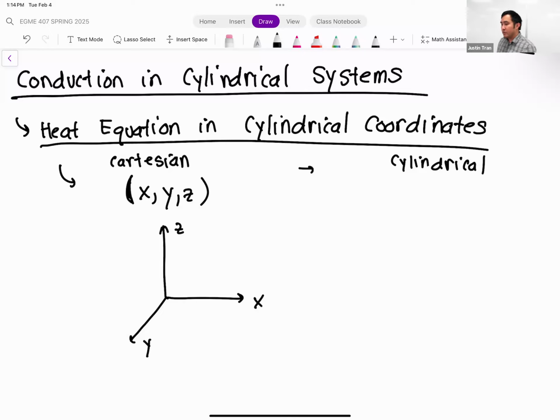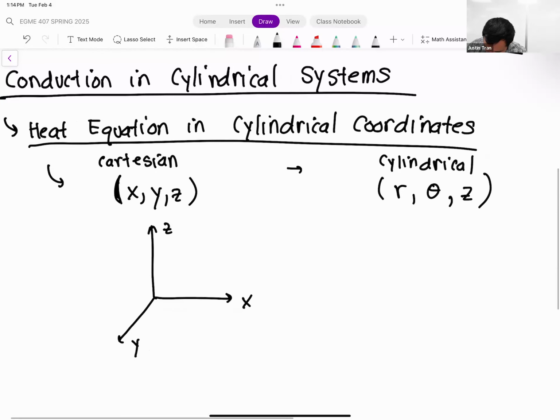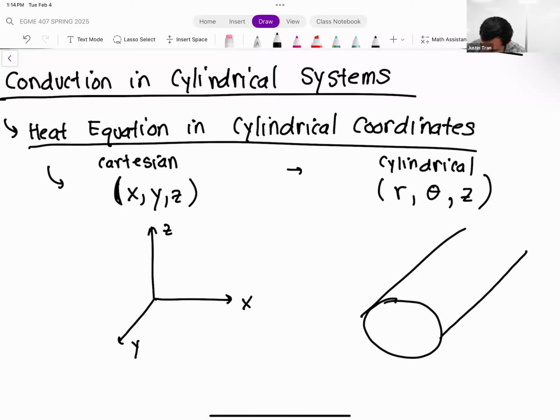In cylindrical coordinates, sometimes called polar coordinates, we swap two of these variables, so now our three variables are r, theta, and Z, because we're no longer working in a traditional linear Cartesian system. Now our system is cylindrical.